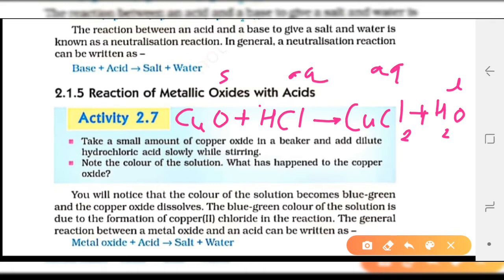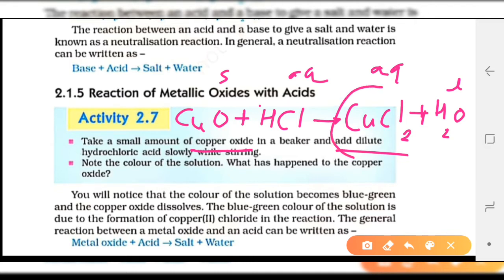So what happens here? When copper oxide reacts with hydrochloric acid, the copper oxide, which is black in color, reacts with the hydrochloric acid to form copper chloride, CuCl2, and the color of the solution turns green.